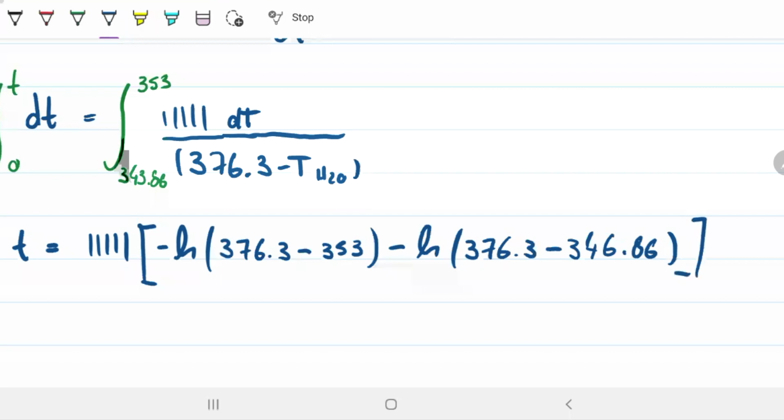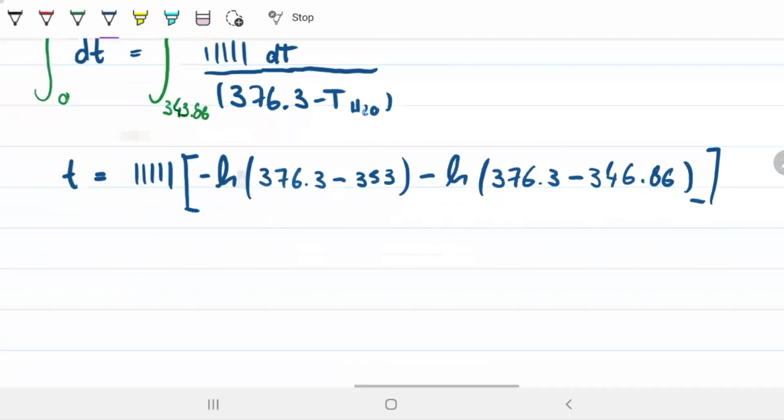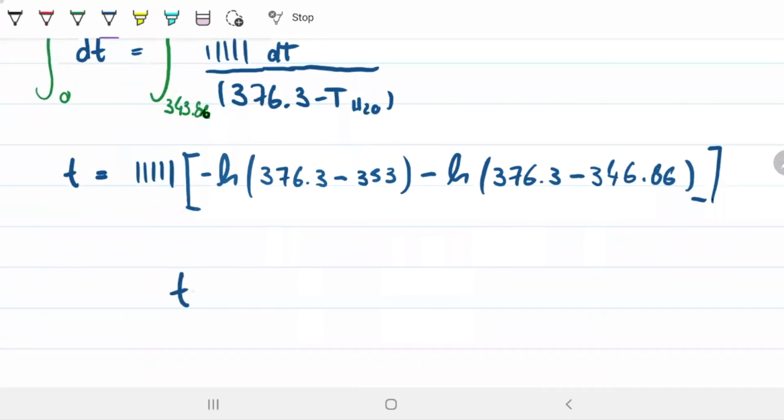Okay, so now the only unknown that we have in this problem is actually the time. So easy peasy, right? This turns out to be 2598.87.